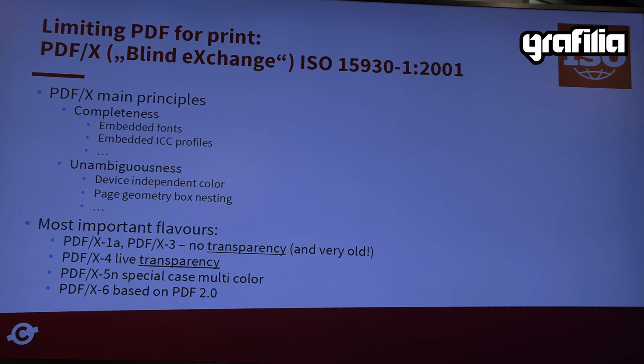That is most importantly images, fonts, and ICC profiles. And the other principle is unambiguousness, so everything needs to be clear. Color needs to be device independent, so not just CMYK, but a particular CMYK color space, ISO Coated, ISO Newspaper, whatsoever.